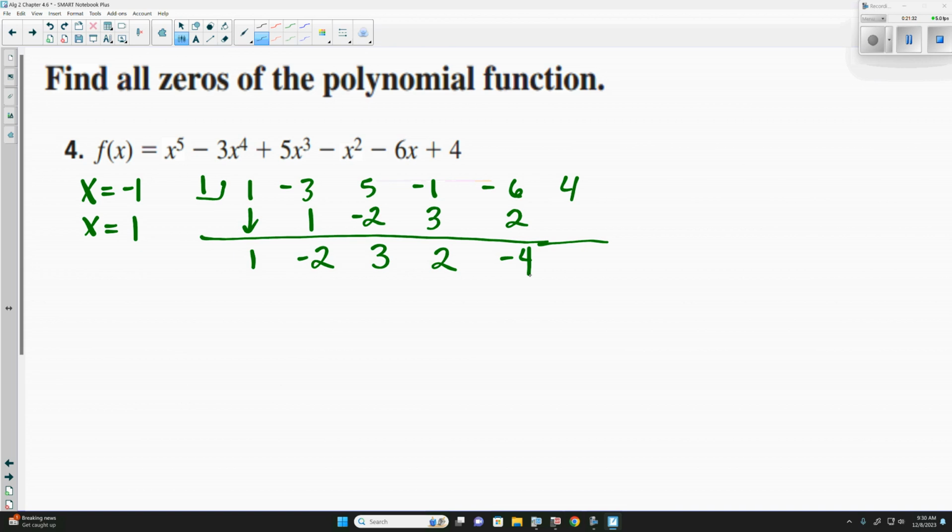And 1 times -4 is -4, and -4 plus 4 is 0. Questions on this here before we move on to -1?